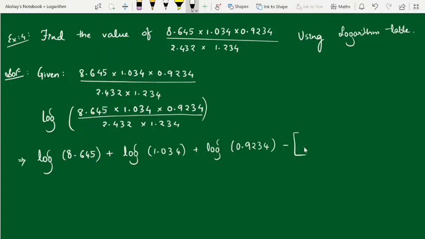Two values we have: log of 2.432, here again product is there, plus log of 1.234.